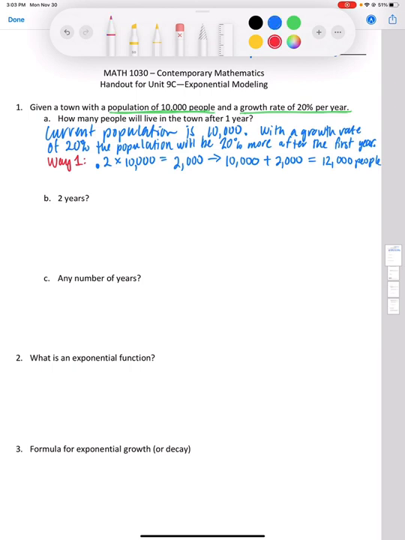Okay, so let's take a look at way 2. The second way might be a bit shorter.